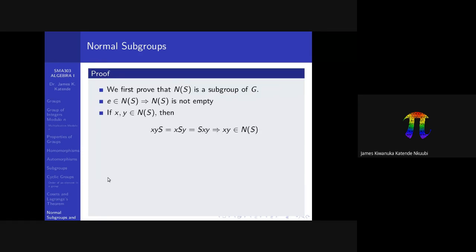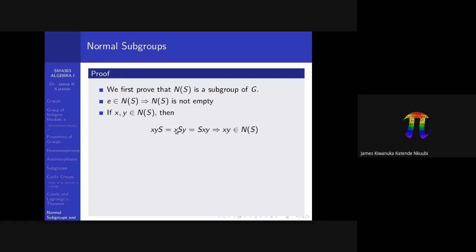If you pick any two elements from the normalizer of S, we need to check if the product of the two elements will also be in the normalizer. So how do we check? We check if it satisfies the condition for it to be in the normalizer. So we just multiply xy by S. But since y is already in the normalizer, it means I can write ys as sy.